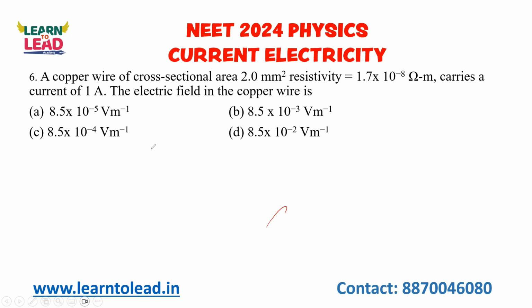See here, a copper wire of cross-sectional area they have given us as 2 millimeter square. If you want to convert this into meter square, you should write it as 2 into 10 to the power minus 6 meter square.